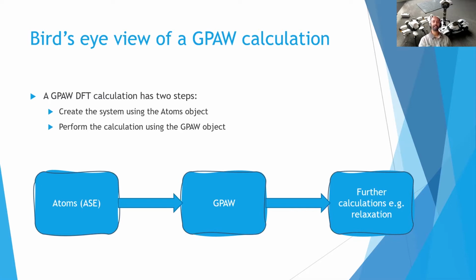By the way, ASE can help GPAW, and it also helps a lot of other DFT software such as VASP and Siesta and Quantum Espresso. So once you've established your system using the Atoms class from ASE, then the next step is to set up the DFT calculation using the GPAW class. Once you're done with that, you make a few function calls to actually start the DFT calculation.